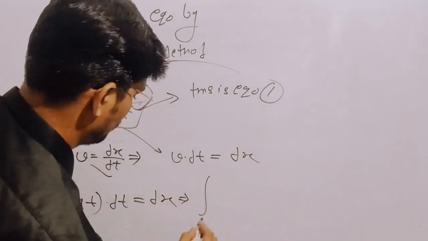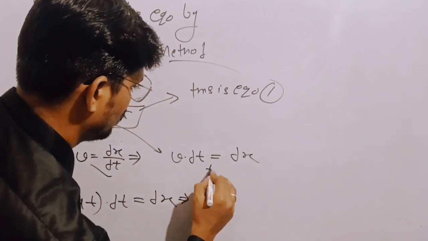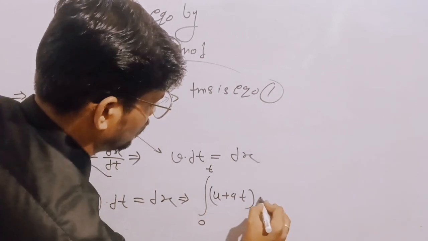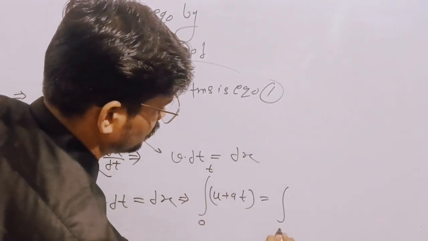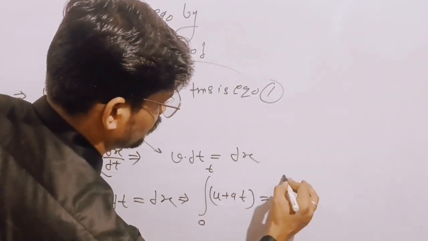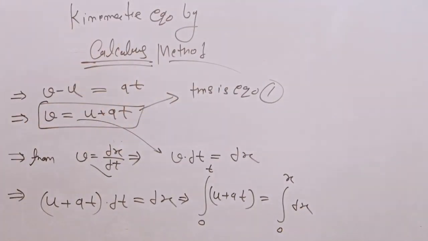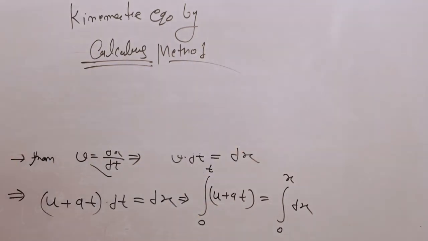Then taking the integration for the time 0 to t, u plus at into dt, and taking the limit for the dx, limit is 0 to x.